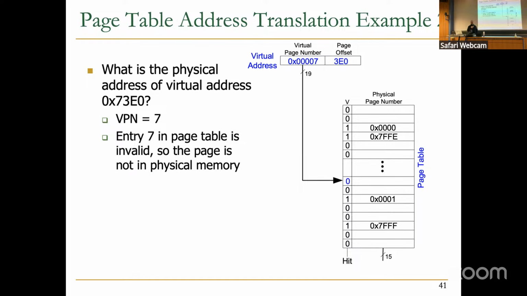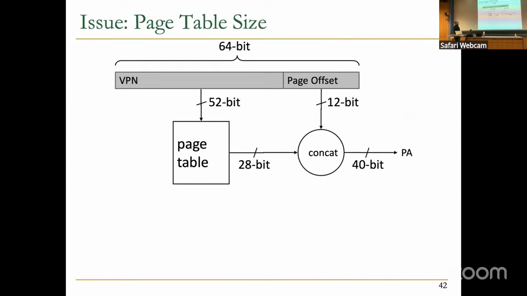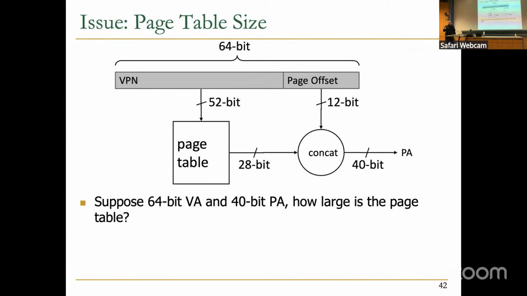I haven't placed yet this page in the physical memory. I do not know how to translate it and give you a physical address to its location. And I will discuss later how the operating system handles this scenario, where we don't have the mapping to the physical memory.